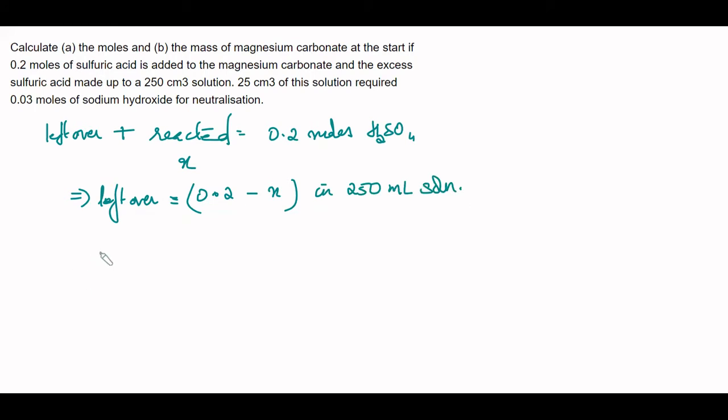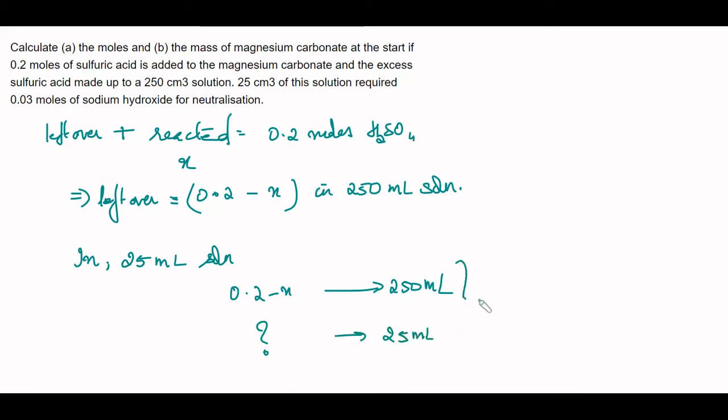So now in 25 ml solution, we can find it out like 0.2 minus X is present in 250 ml. So how much is present in 25 ml?